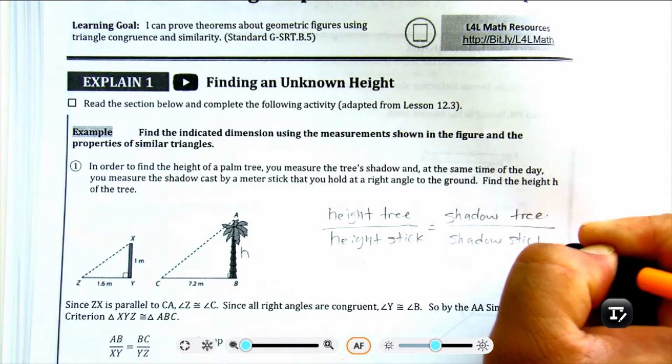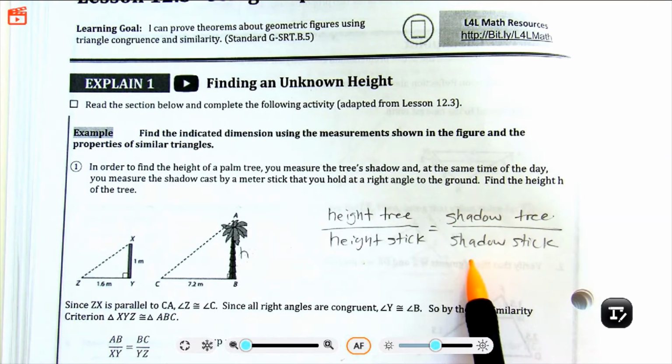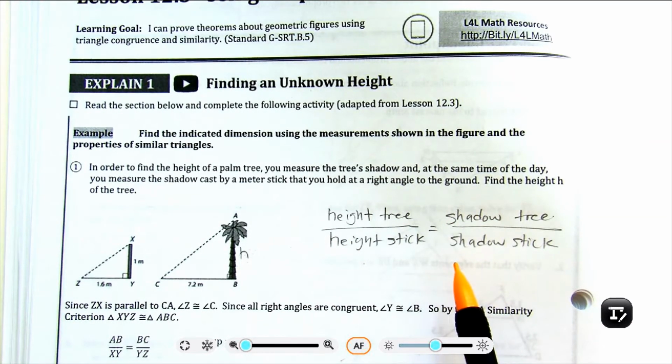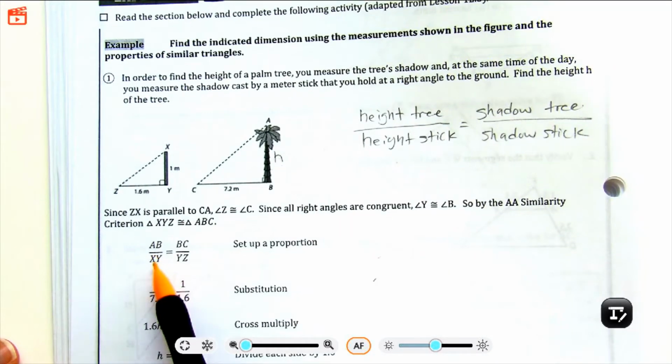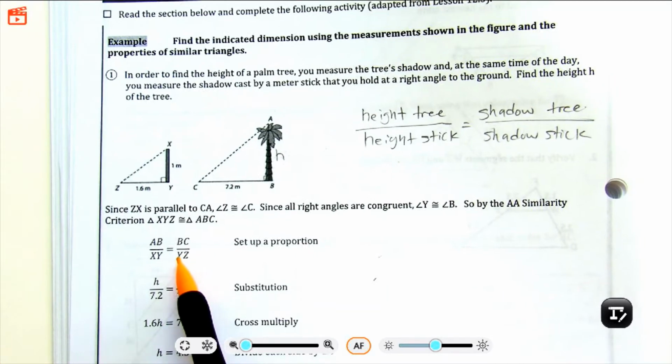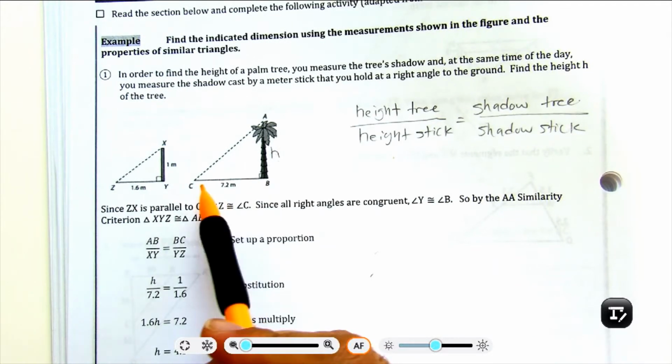So notice that we have height over height, shadow over shadow. So using variables, we have AB over XY equals BC over YZ.